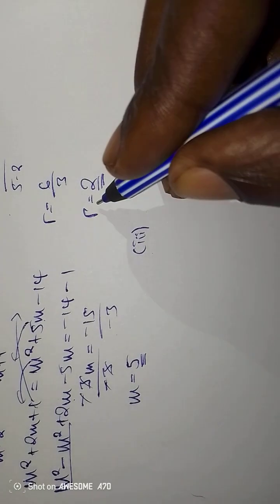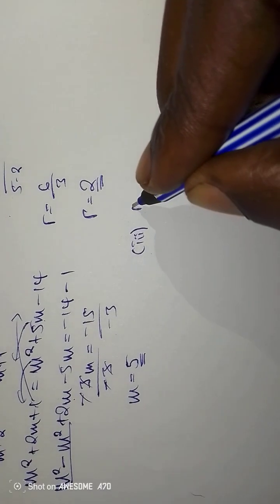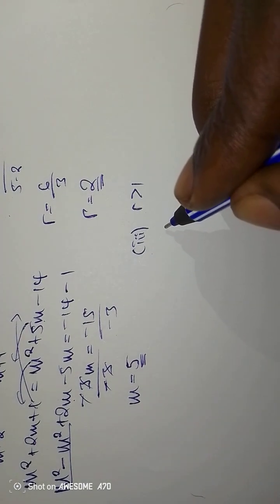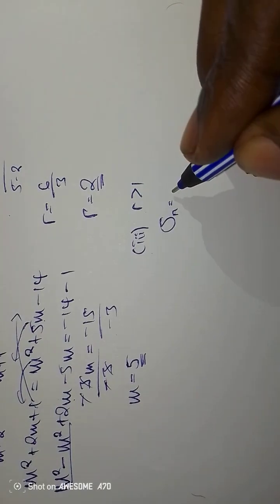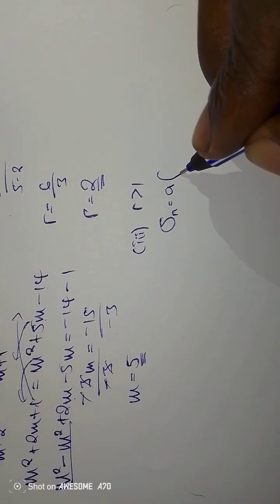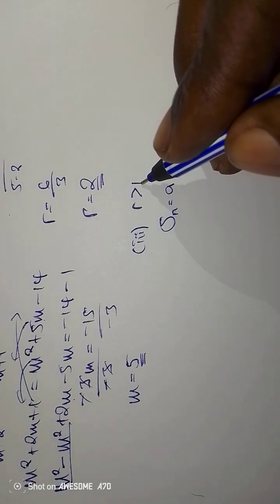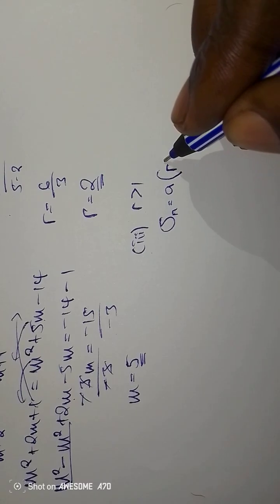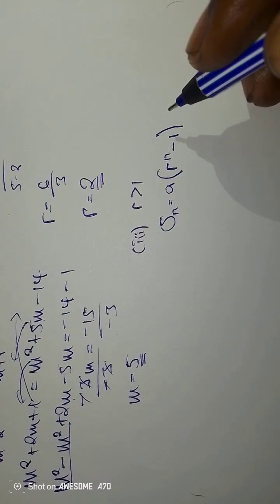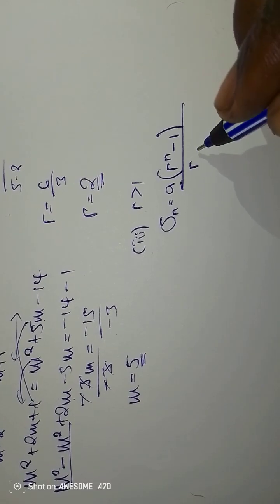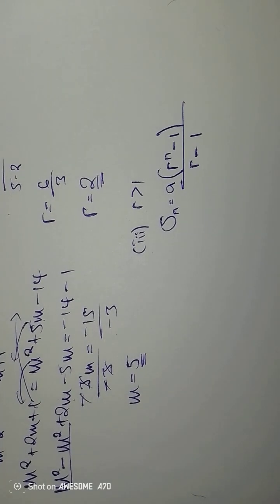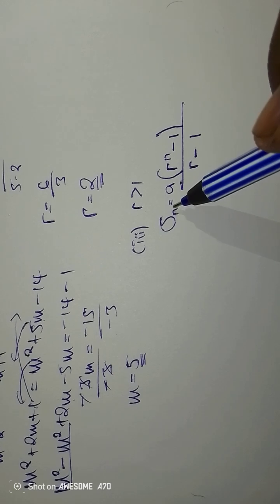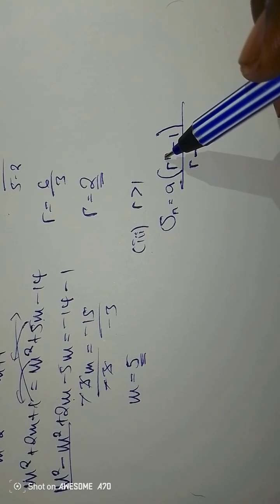If the common ratio is greater than 1, the sum for any n terms is equal to first term, open bracket, common ratio to the power n, minus 1, over common ratio minus 1. Since you are told to find the sum for the first 6 terms, where there's n, you replace with 6.